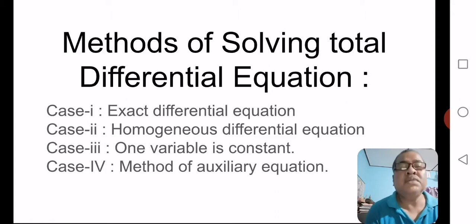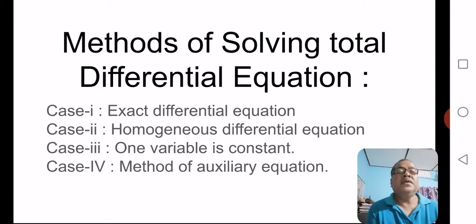In the case of an exact differential equation, by regrouping the terms, that is, arranging them in a suitable way, we can solve it very easily. Suppose the differential equation is x square dx plus y dz plus z dy equal to 0.